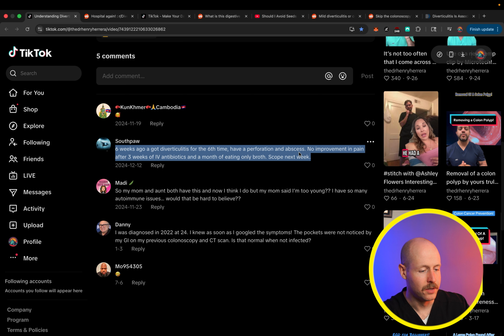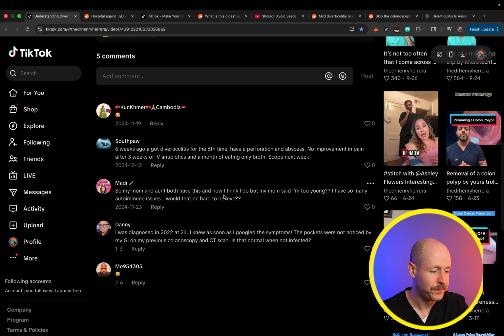I would definitely be concerned that if there's no improvement in the pain after 3 weeks of IV antibiotics, that you could have complicated diverticulitis, meaning that there could be an abscess or a perforation somewhere. So I would definitely recommend that Southpaw follow up with maybe a CT scan to make sure that there's not any complication, given the fact there hasn't been any improvement over 3 weeks of IV antibiotics.